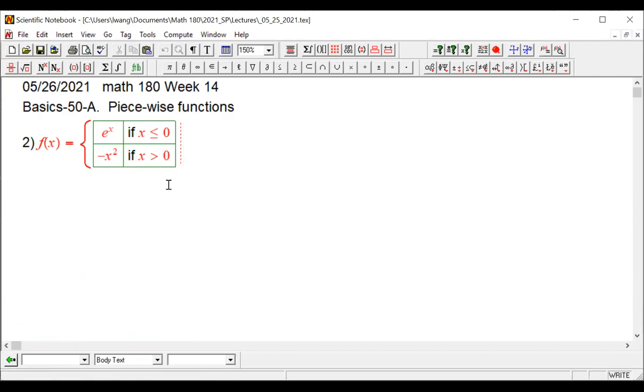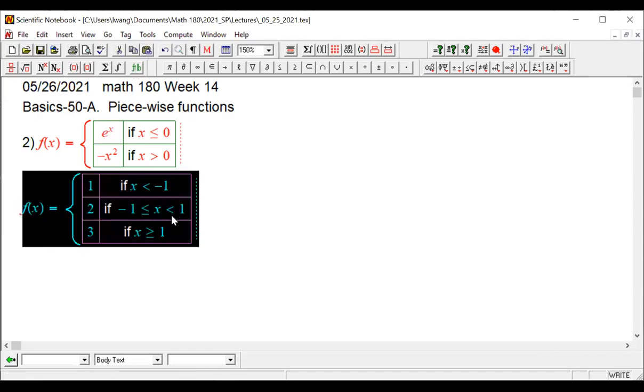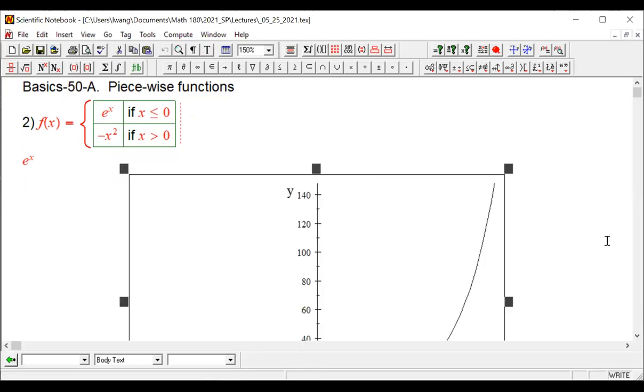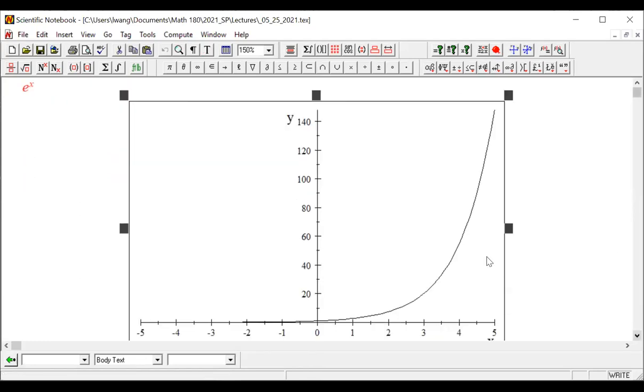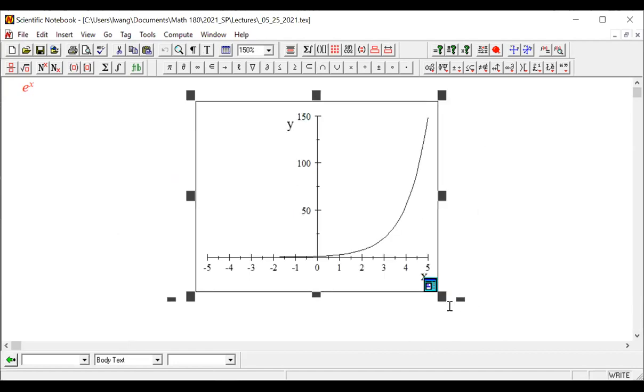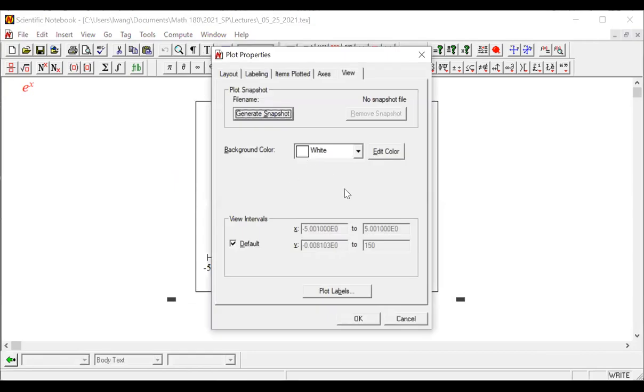One simple way to do this is you graph e to the power x. So how does e to the power x look like? Like that, right? That's e to the power x. We know its domain and range.